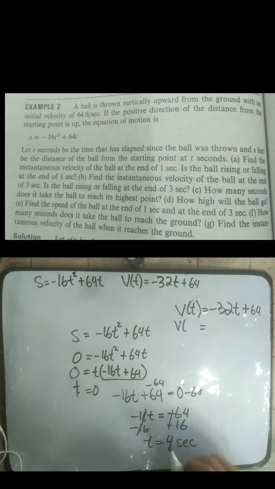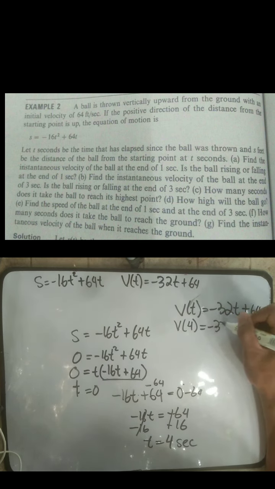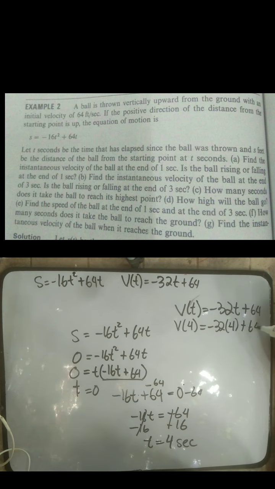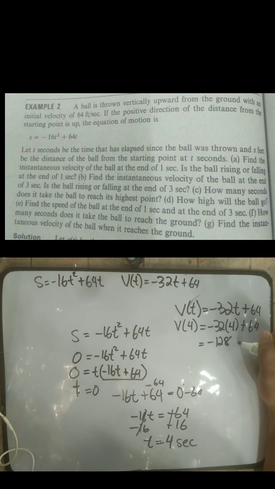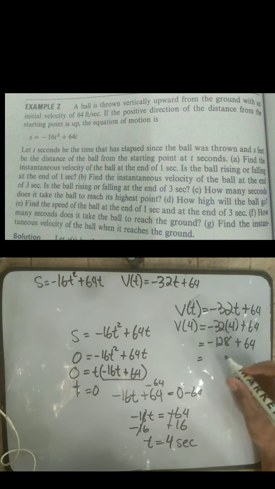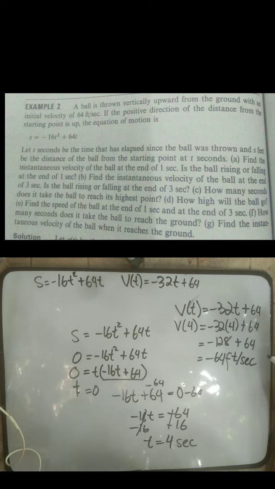Substitute: negative 32 times 4 plus 64. Negative 32 times 4 is negative 128, plus 64, so we'll get negative 64 feet per second. So the instantaneous velocity of the ball when it reaches the ground is negative 64 feet per second.